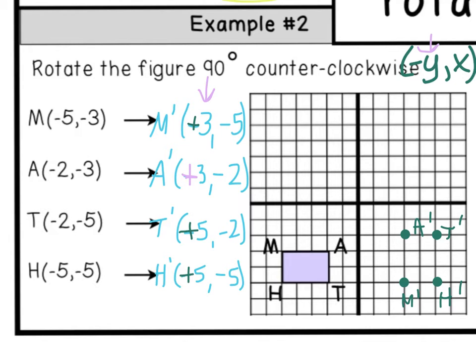So now we're going to connect all of that. And you can see that this went 90 degrees counterclockwise. So it went back here and it turned. And that does look correct. So this little rule here does work for our counterclockwise rotation.